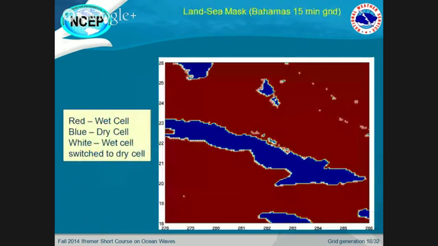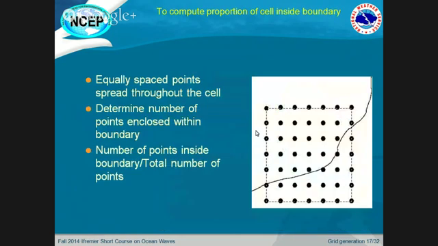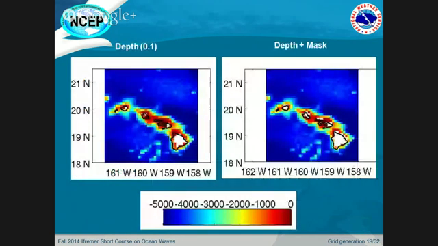And right, so that's an example of how you go from the red, which is wet, and the blue, which is dry, and the white is some wet that has been switched to dry, depending on some other criteria. So that's what it would look like for Hawaii. You have the depth at 0.1 degree and the depth of the mask here.